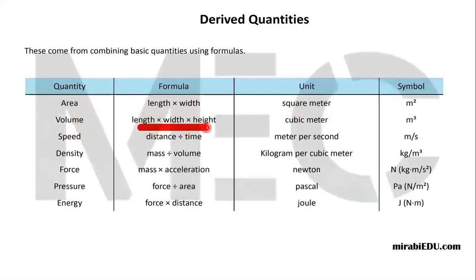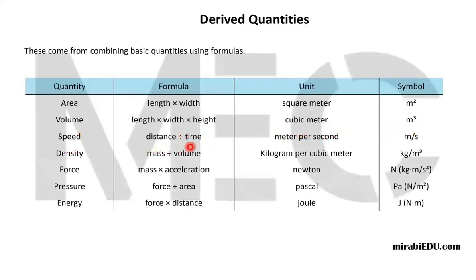Of course, this is the formula for volume of a rectangular prism. So as you see, one length is multiplied by another length and multiplied by another length. So length is multiplied 3 times by itself to form this quantity. The unit is cubic meter.